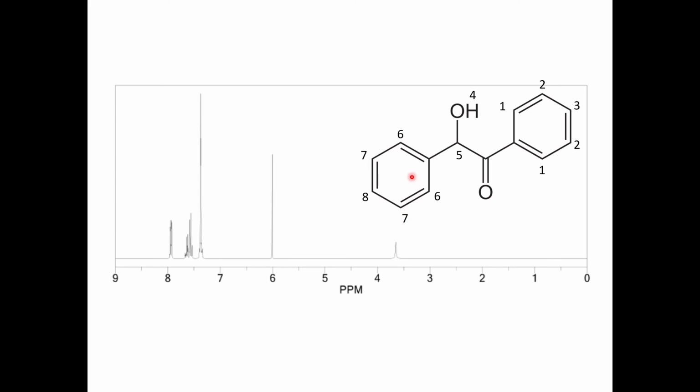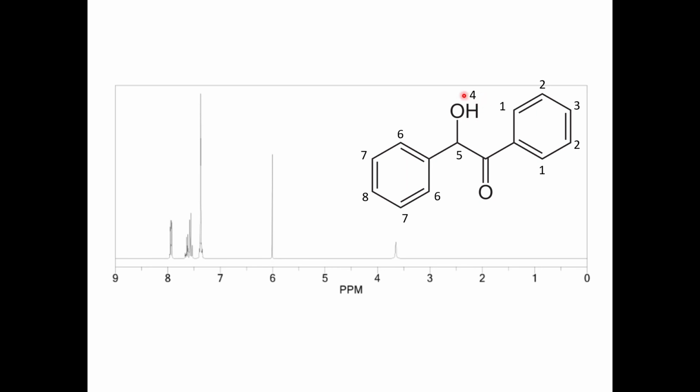And so we expect that these should be above our 7 mark, which you can kind of see here. It's really hard to distinguish between these different hydrogens, but we can assume that these peaks here are for the benzene ring. So what's left are the peaks for our sp3 hybridized hydrogen, as well as for our alcohol.